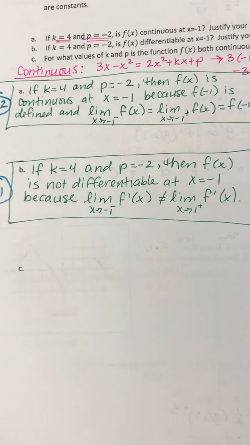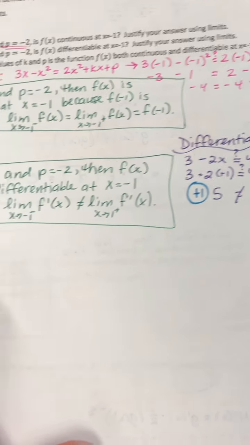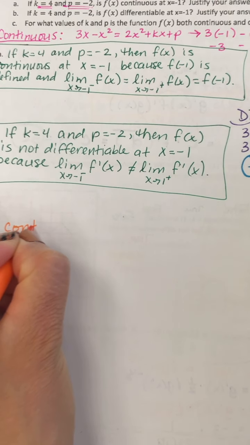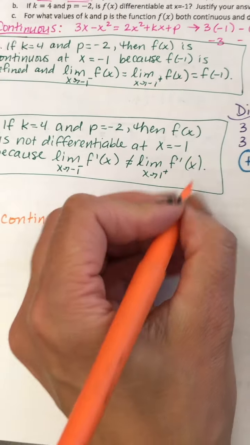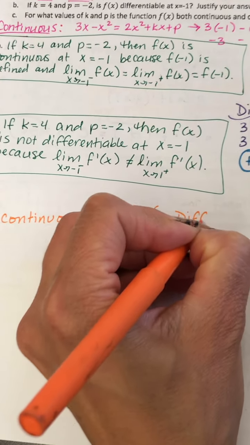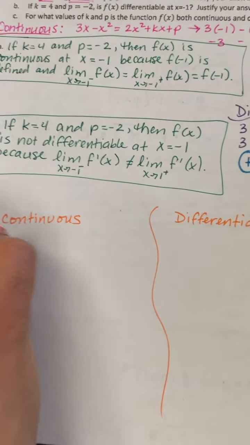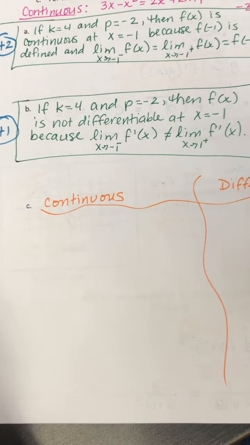Okay, letter C. So it says that for what values of k and p is the function f of x both continuous and differentiable at x equals negative 1? Okay, so you've done a few of these problems before for homework and stuff, but we haven't been tested on this part of it quite yet. Okay, so to show that they're continuous, they have to be equal.